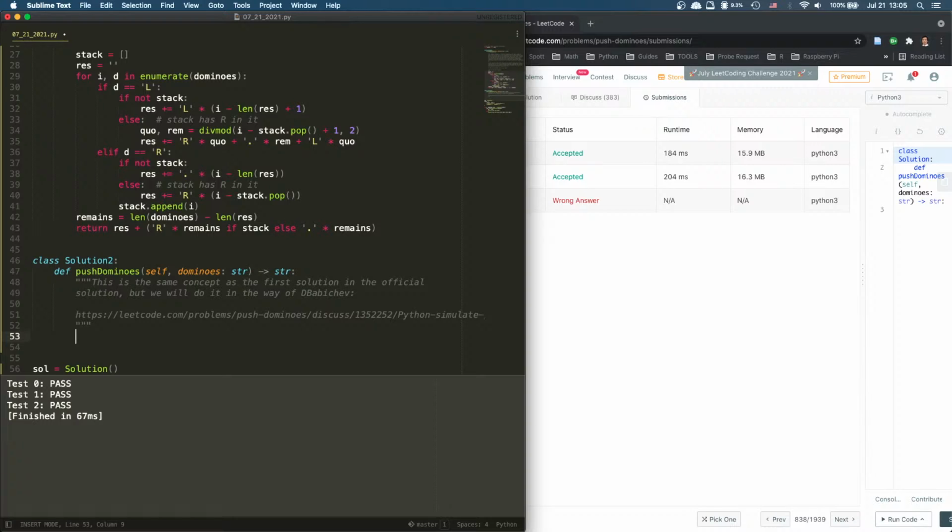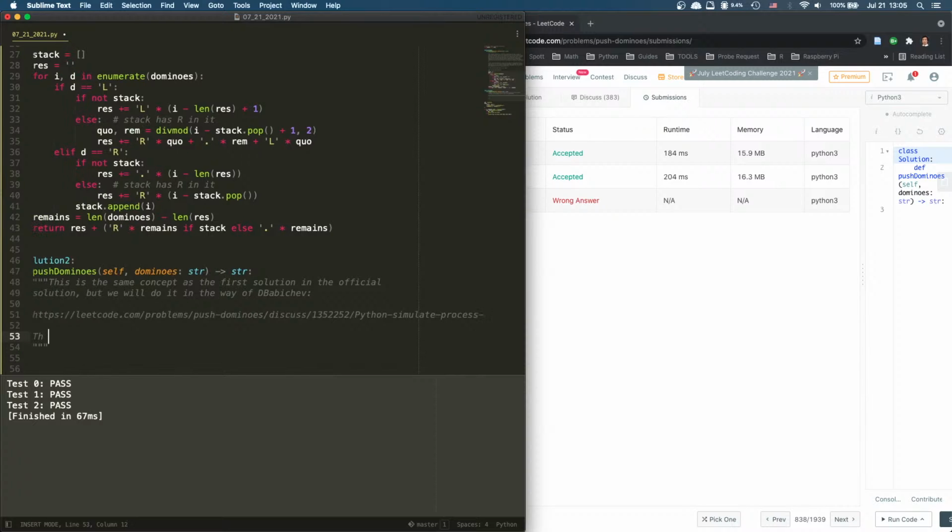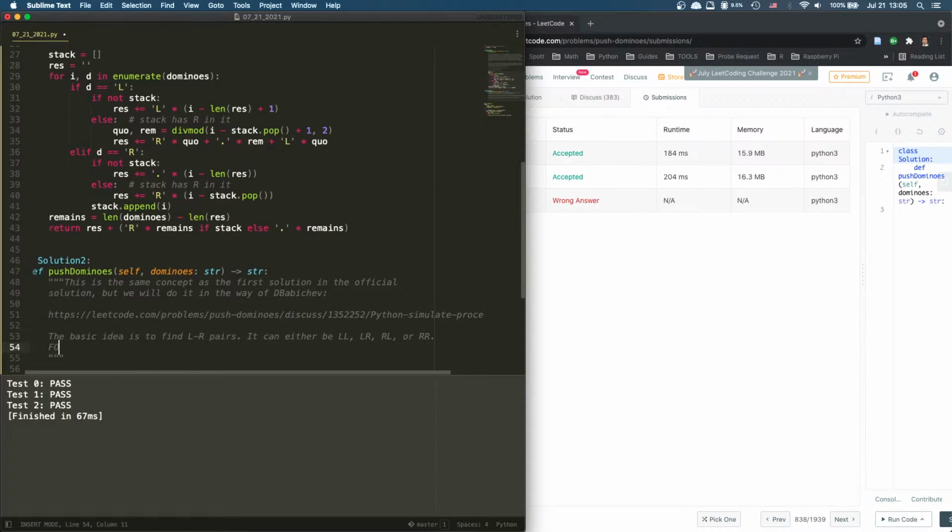So basically, the idea is to find LR pairs. It can either be LL, LR, RL, or RR. And for each pair, we can easily compute the state of the dominoes in between.